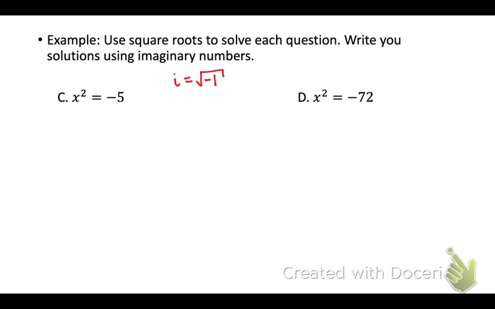When you do your problems, you will have an i to the first degree or nothing, because we will figure out how to deal with everything above degree 1, like i squared, i cubed, i to the fourth. So when your problem is done, i will only have an exponent of 1. So x squared minus 5, what would I do to both sides? Square root it.